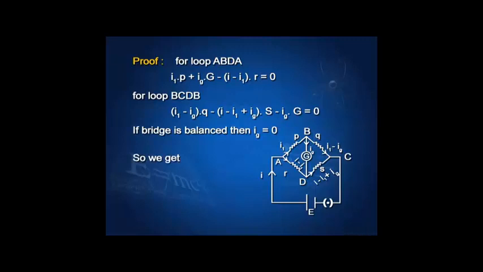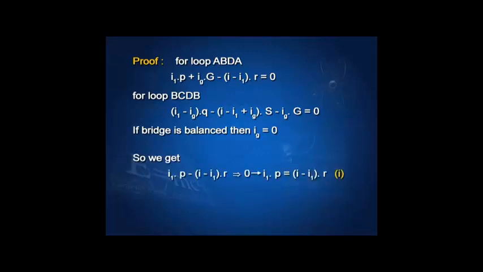So, we get I1 into P minus (I minus I1) into R equals 0. That means I1 into P equals (I minus I1) into R, equation number 1, and I1 into Q minus (I minus I1) into S equals 0. That means I1 into Q equals (I minus I1) into S. Divide equation number 2 by equation number 1, we get P upon Q equals R upon S.